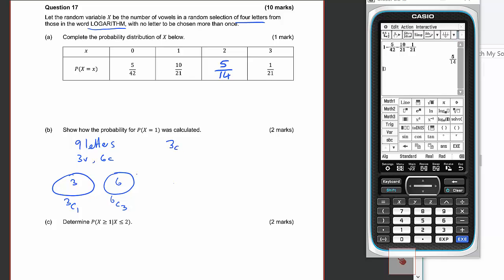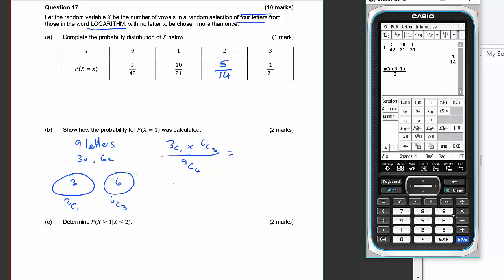So if we do 3C1 multiplied by 6C3, that's the number of different selections of 4 letters that contain 1 vowel. And we need to divide that by the total number of selections of 4 letters. So that is going to be 3 choose 1.